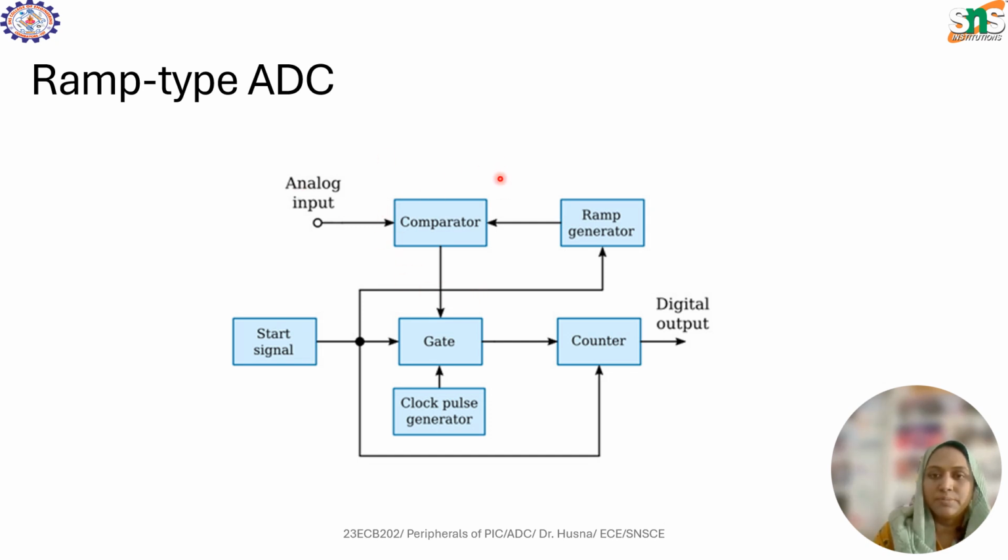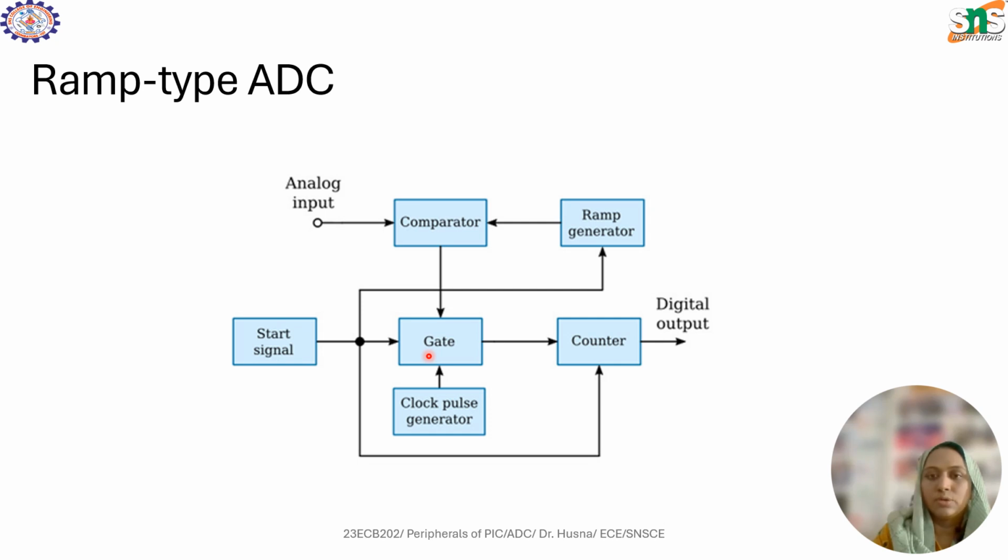In the comparator, as long as the analog input and ramp generator differ, it permits the clock pulses at a constant repetition rate through the gate to the counter. When the two inputs of the comparator become equal, the comparator stops generating the signal, which disables the gate.